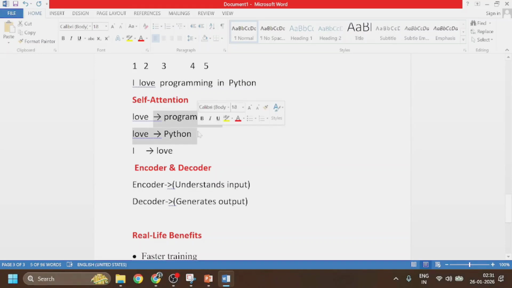This is how context is built. This is not understanding, this is advanced math.